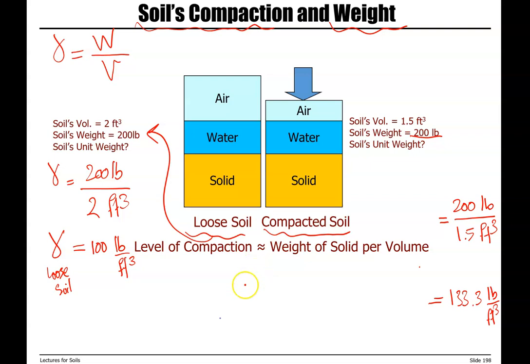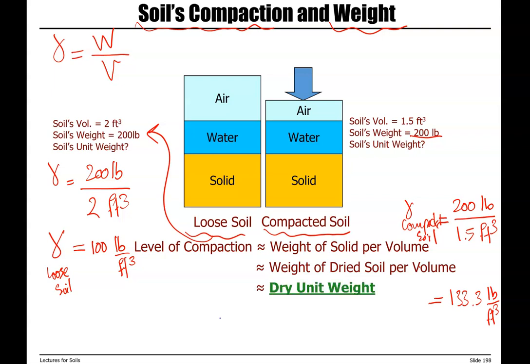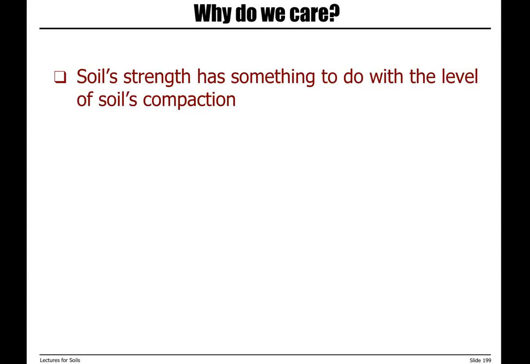Level of compaction is proportional to weight of dry soil per volume, which is dry unit weight. Why do we care? Soil's strength has something to do with the level of soil compaction. So that's what is important for us.